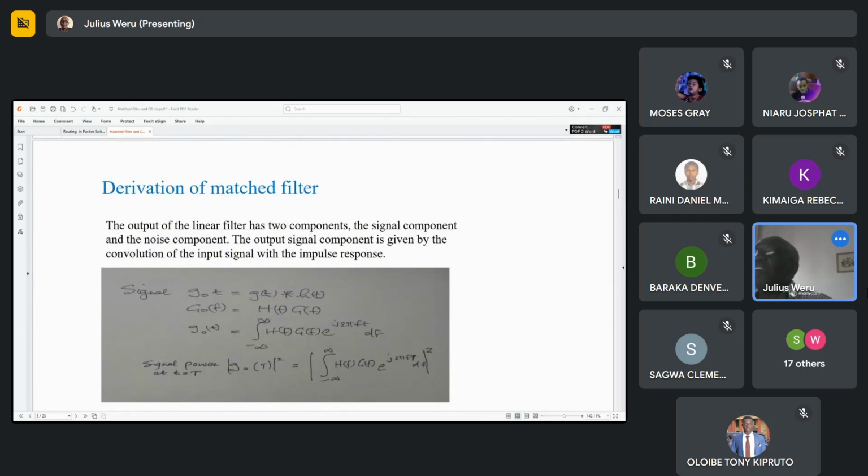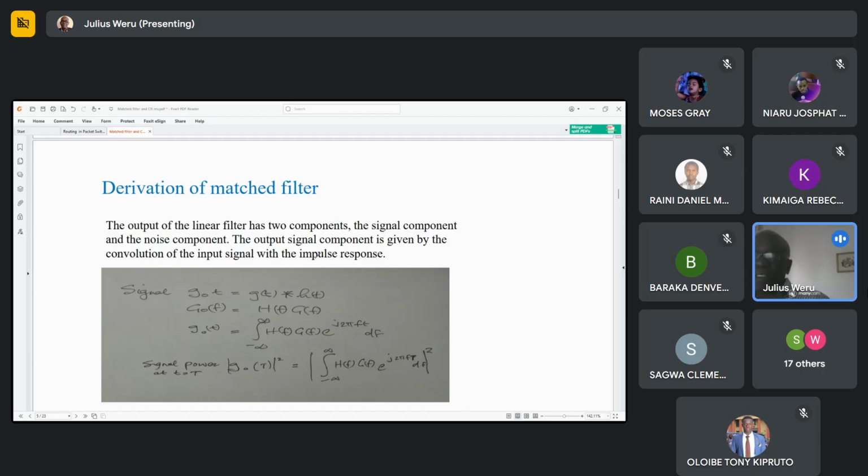So one will be the one which you get, which will be a convolution of g(t) with the impulse response, and the other one will be the convolution of n(t), the noise, with the same impulse response.